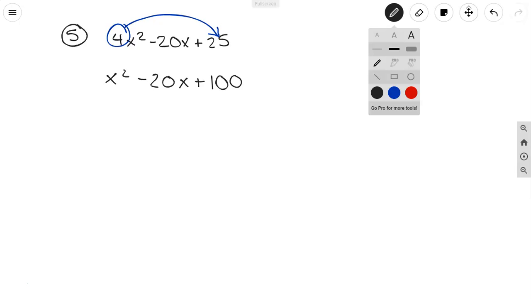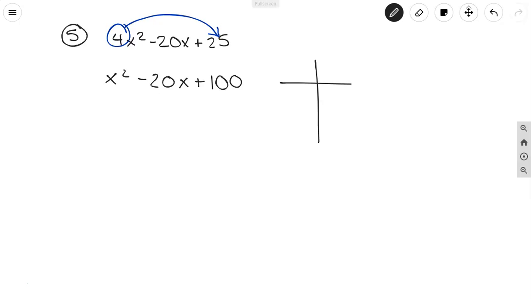So now I gotta do a little t-chart again. Think of what times what gives me 100 and adds to give me negative 20. So it's gotta be a negative times a negative. And I know negative 10 times negative 10 is 100.